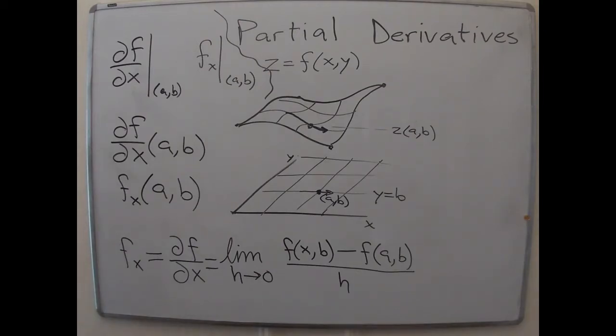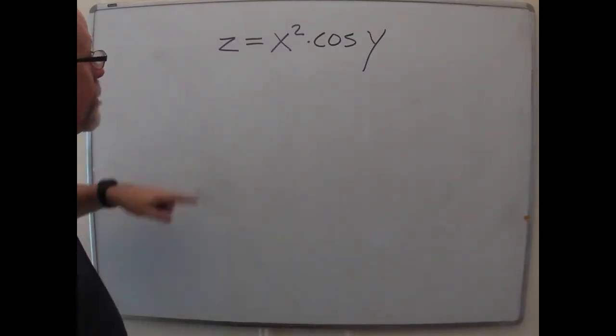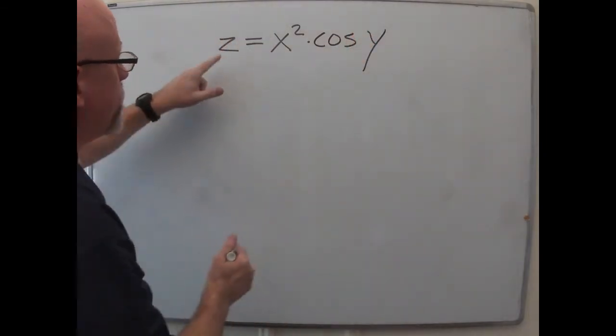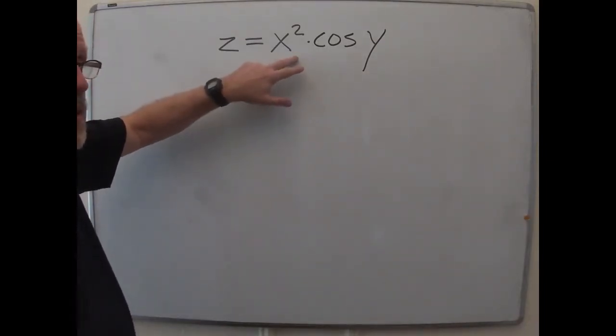Yeah. So let's do a quick example of this in practice. So here's a function. z is x squared cos y. I'm setting it equal to z, so we think about that as a surface, where the z coordinate is a function of where you are in the xy plane. I have some idea what it looks like, but its actual appearance isn't necessary.